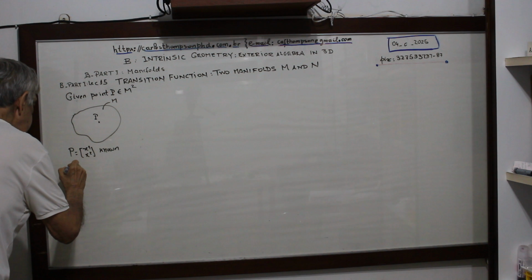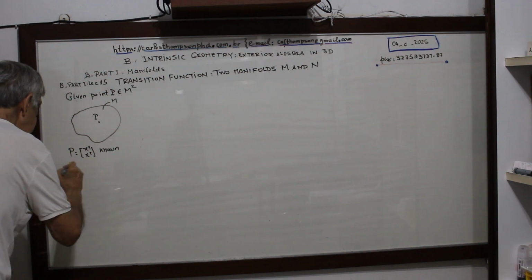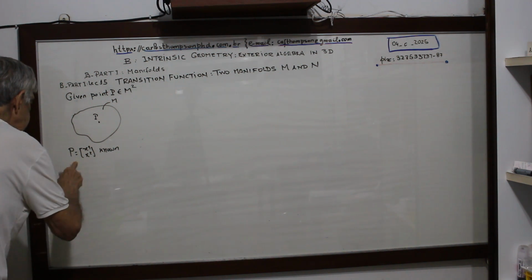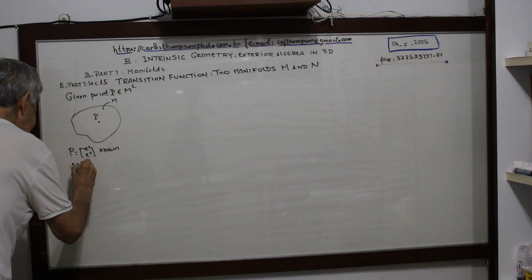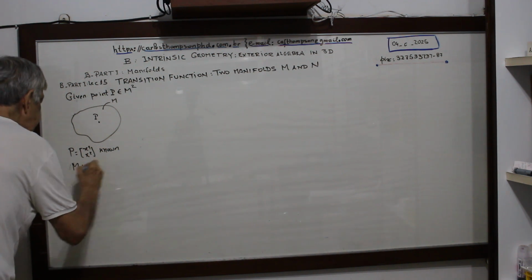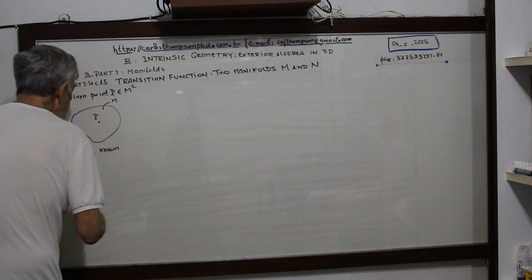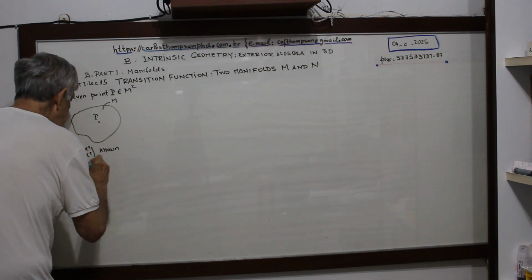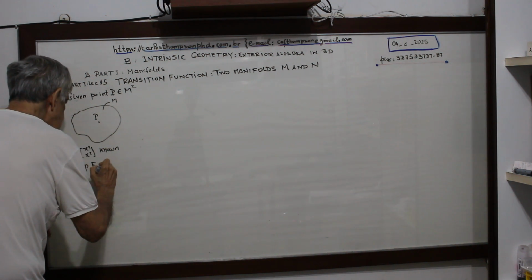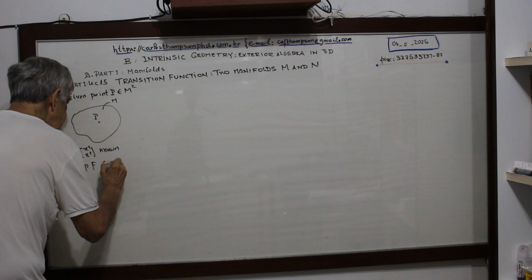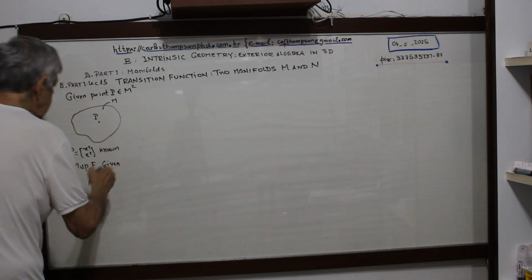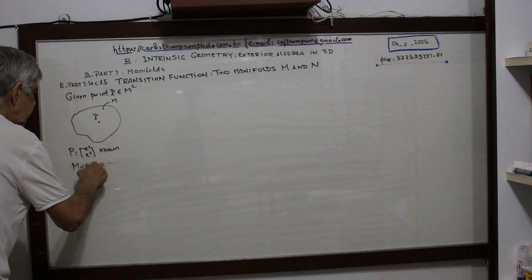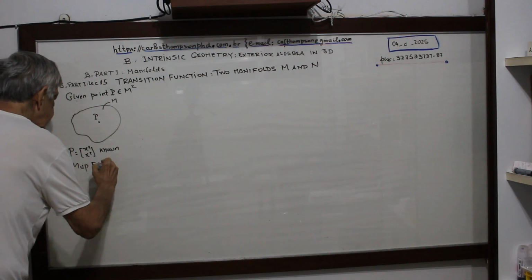Also, I'll give the map F. Now it's important because F is given, also known.